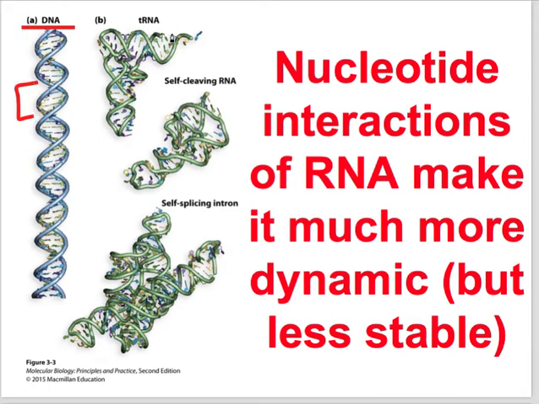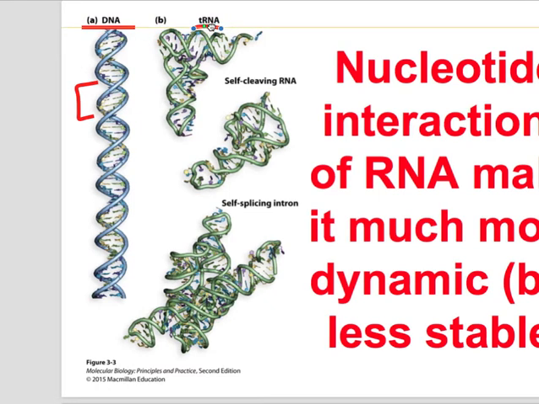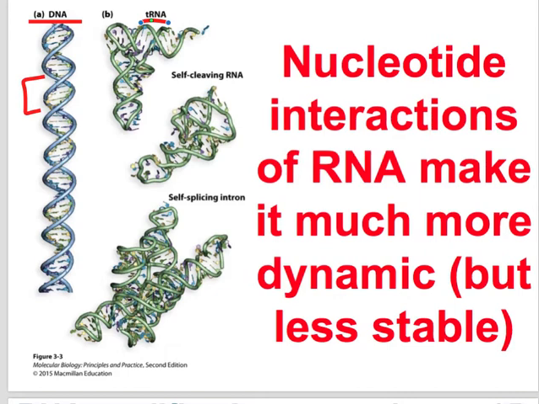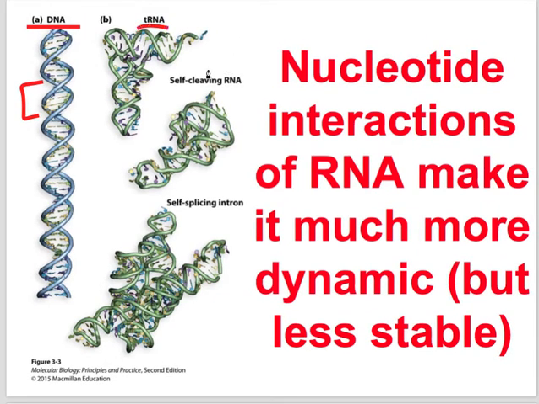Meanwhile, with an RNA, remember we saw tRNA, how it forms this amazing 3D shape? These nucleotides are interacting basically in whatever way is most chemically favorable. So the specific combination of nucleotides is going to favor certain nucleotides binding with other nucleotides.